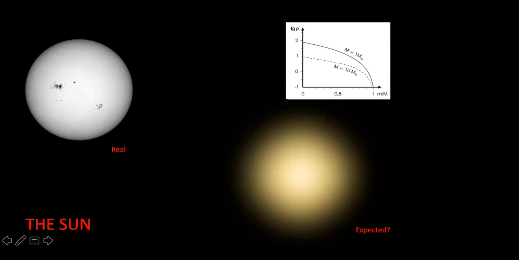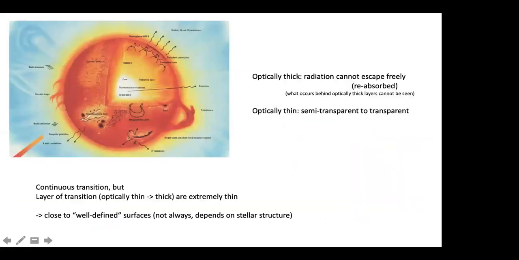That is much less than 700,000, that is the radius. So you have a sphere optically thick and a very thin layer of atmosphere that is optically thin. And this is why we have a well-defined surface.